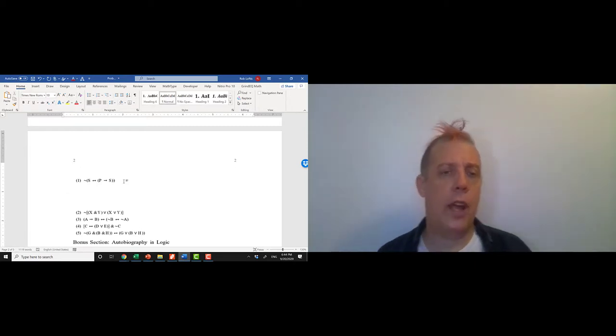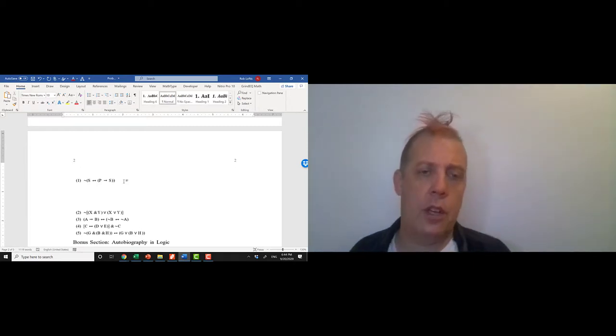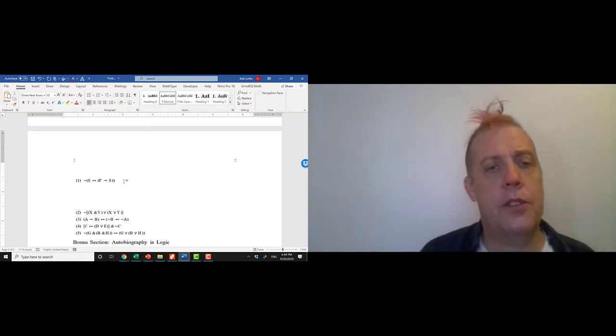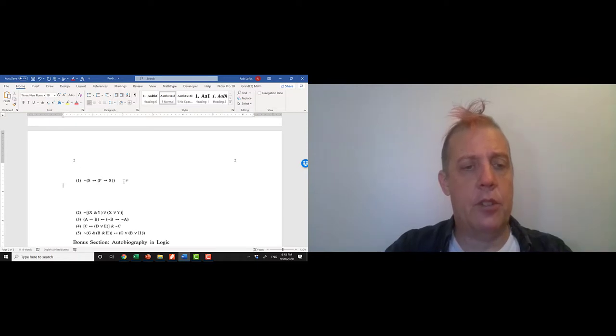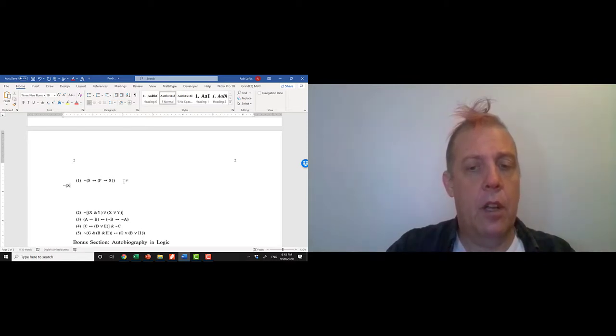The easiest way to actually do a truth table for this is just to type the characters all right next to each other. So we say not S, right?